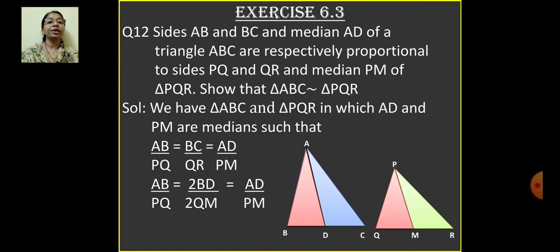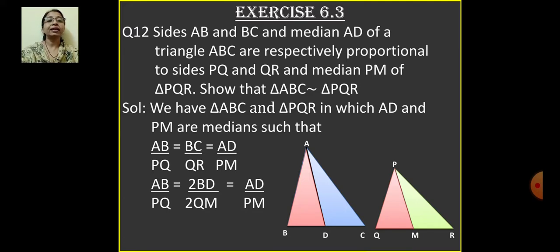That means point D and point M are the midpoints of sides BC and QR respectively, right? So they are the medians, and what is given? The ratios, as we have discussed. AB upon PQ is equal to BC upon QR is equal to AD upon PM. Right? All these things are given.